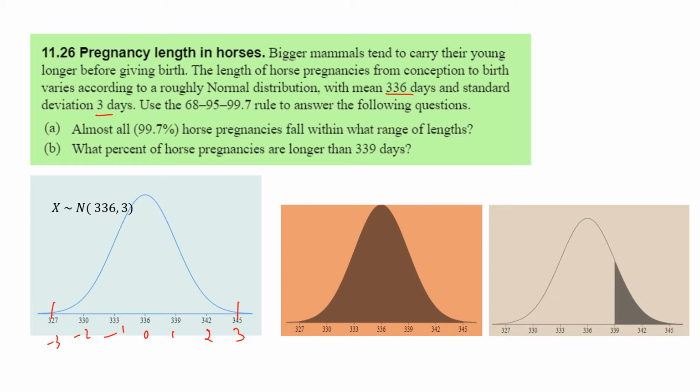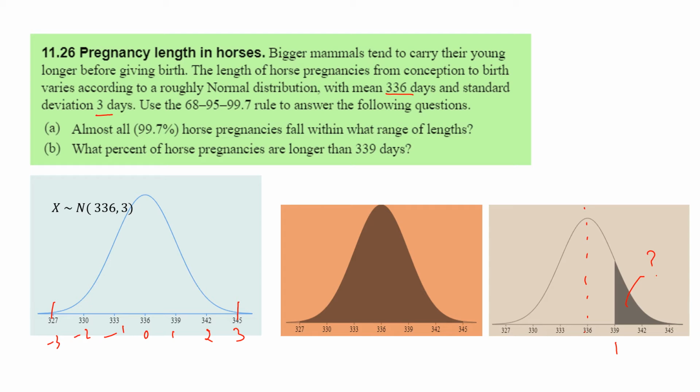The second one is what percentage of horses' pregnancies are longer than 339 days. So we are trying to find what this area is. 336 is the center. This is 1 sigma. So this part is half of 68, which is 34.